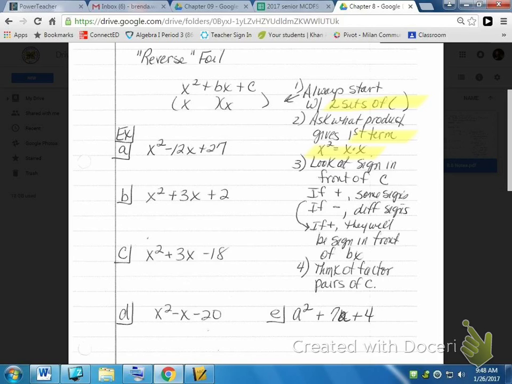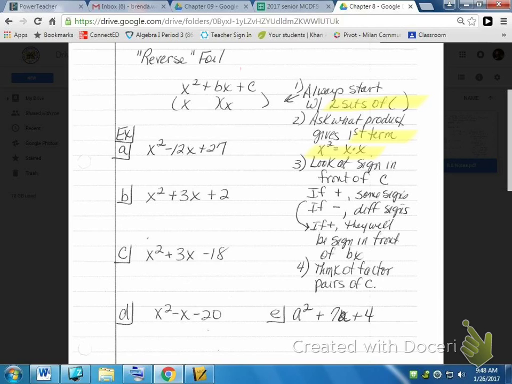All right, the next thing you're going to do is look at this sign right here. That sign's going to tell you a lot. It's going to tell you if you need to make the signs in the parentheses the same or if they need to be different. Here's the rule on that.